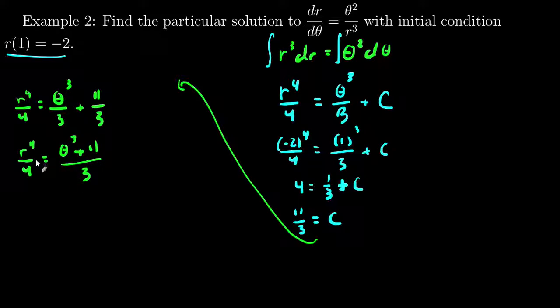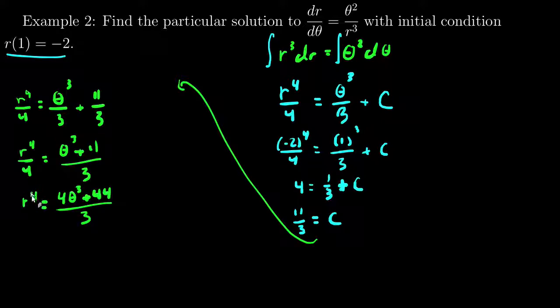I want to get r by itself. The first thing I can do is multiply both sides by 4, and that gives me r to the 4th equals, and it's going to distribute into the numerator, 4 theta cubed plus 44 over 3.